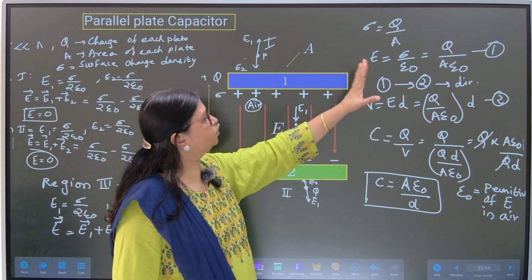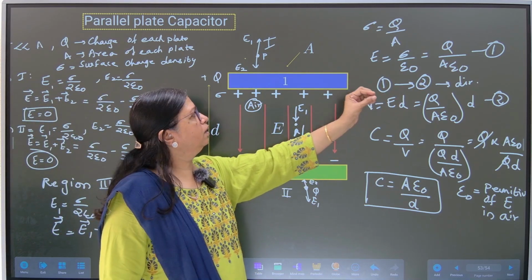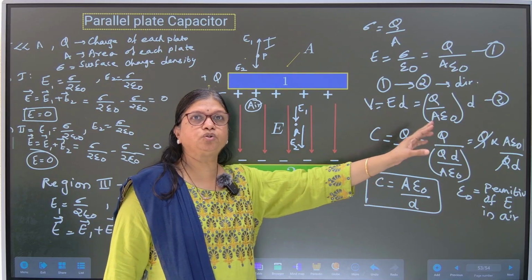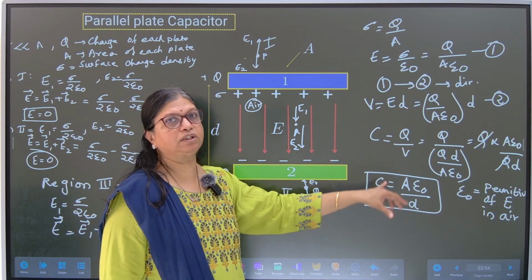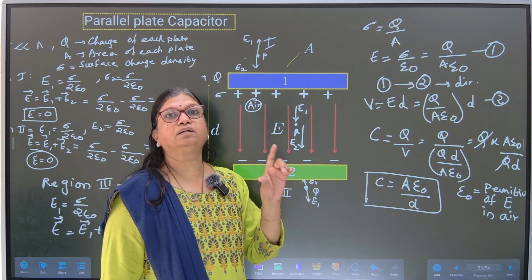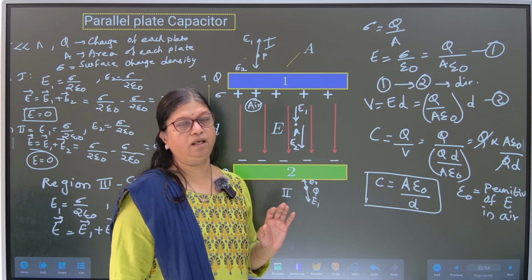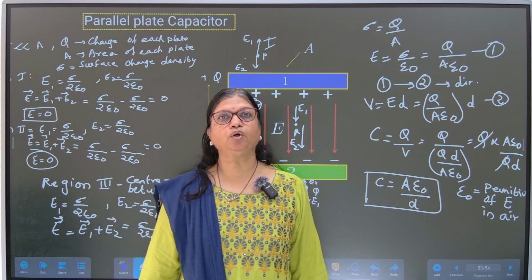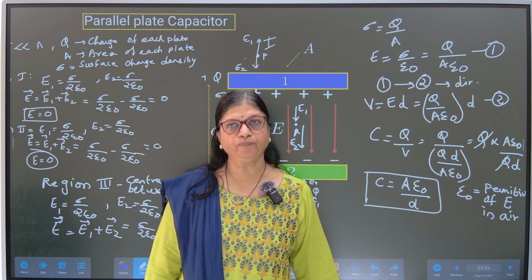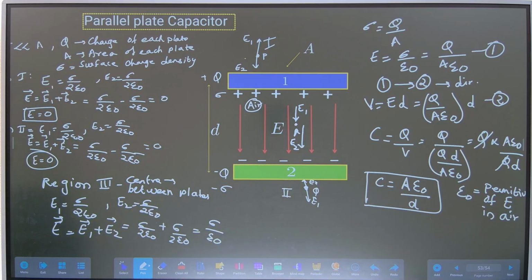Then we substituted sigma, got equation number 1 for E, and equation number 2 for V, and substituted these in the formula of capacitance, C is equal to Q by V, and got C is equal to A epsilon naught by D. So take a picture of what we have learned just now so that this concept is understood completely, and you should be able to follow it as it is.